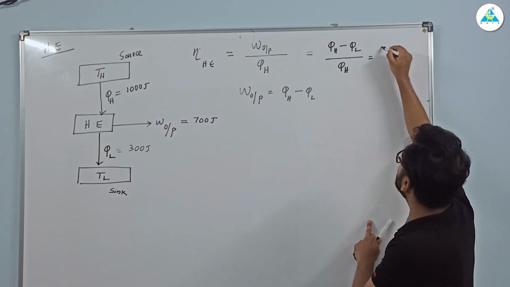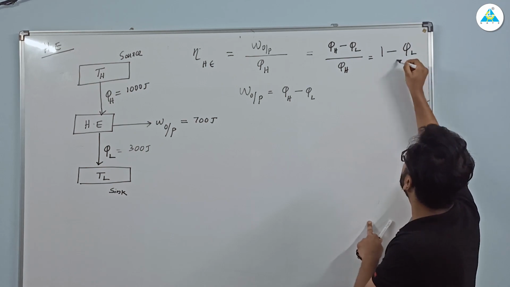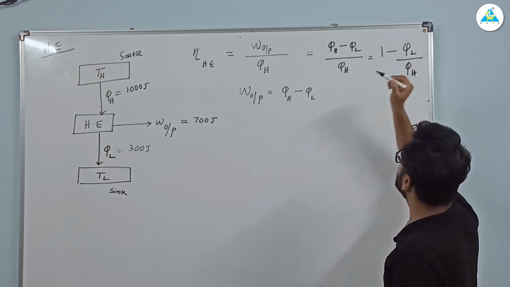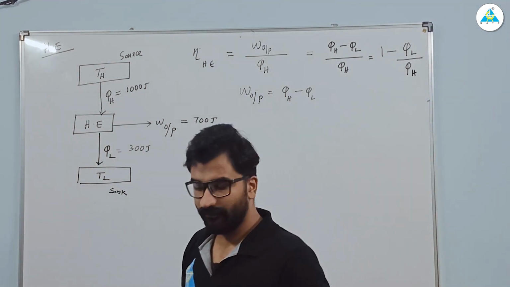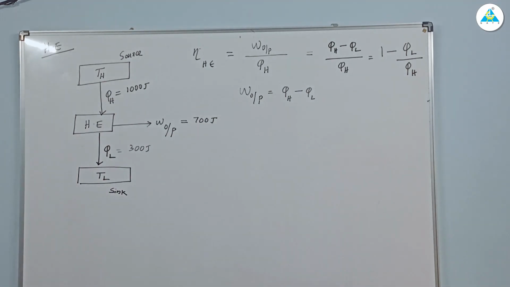So I can write it as 1 minus QL by QH. This is the equation of efficiency of a thermal heat engine. Please write that equation as well.